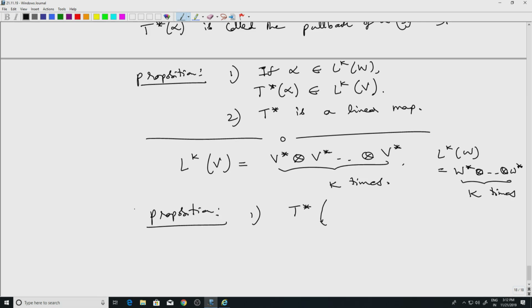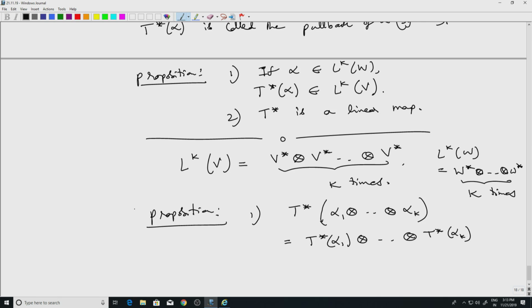if I take an element of W star tensor W star, it is not necessarily of the form of a tensor product; it's a linear combination of tensor products. It may not itself be a tensor product, but I can look at something like T star of alpha 1 tensor alpha k, which is equal to T star alpha 1 tensor T star alpha k.